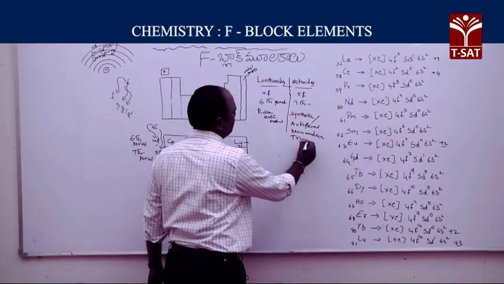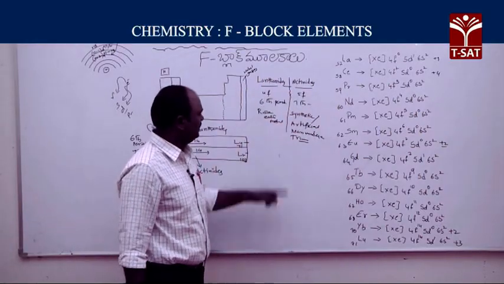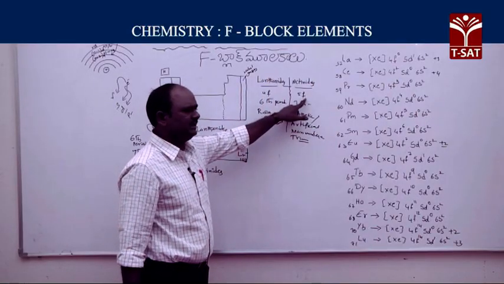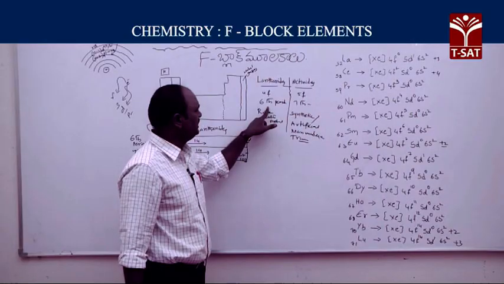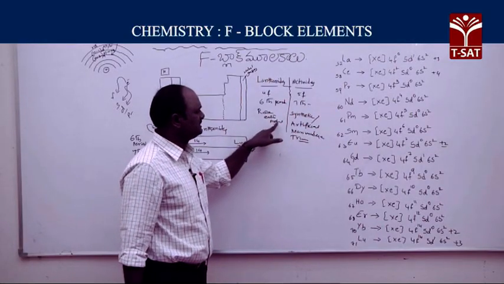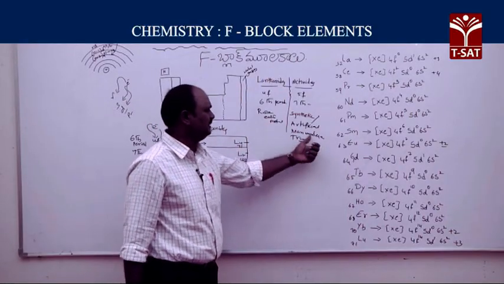These are the different names of the actinides. Once again observe here: 4f series, 5f series, 6th period elements, 7th period elements, rare earth metals, man-made elements, because almost all these elements are made by man only.